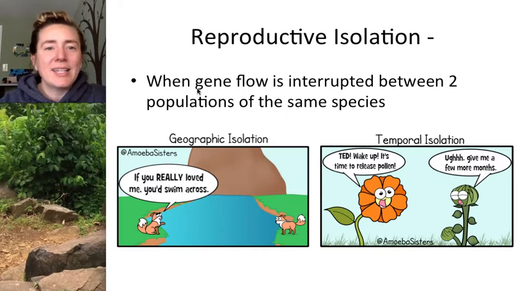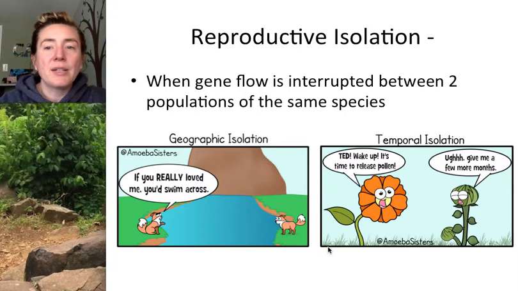So if you were to write a definition, you could say, when gene flow is interrupted between two populations of the same species. That gene flow just means you're not passing those genes or alleles in both of those populations. Those genes stay over here, or these genes stay over here, and there is no gene flow or mixing.